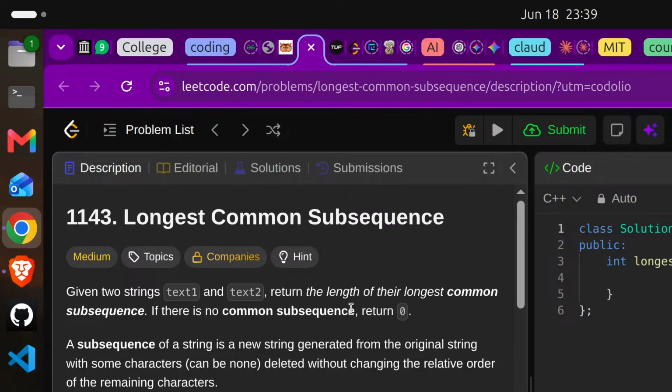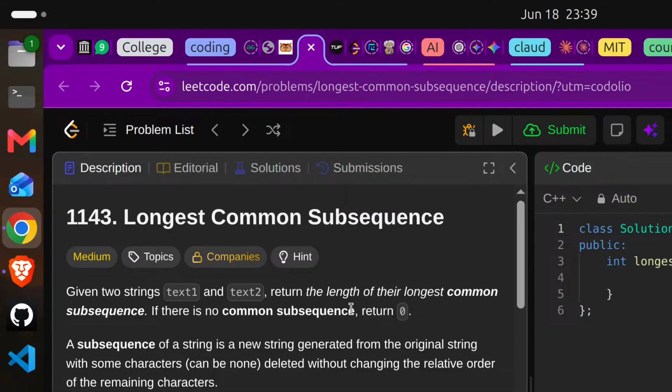Else what can we do? If text1 at i equals text2 at i, then we will return 1 plus f of text1, text2, comma i plus 1.